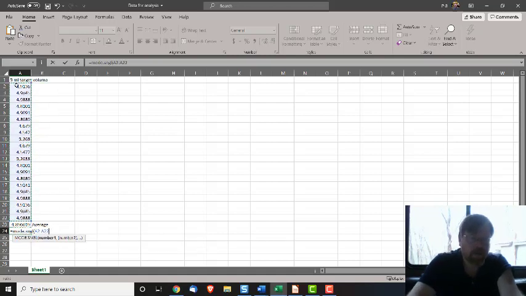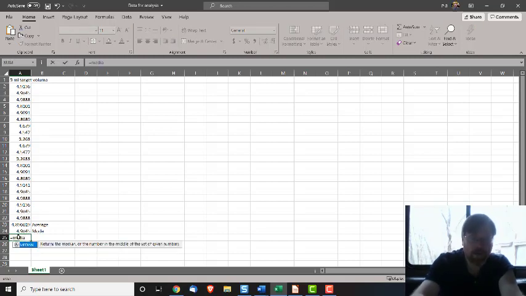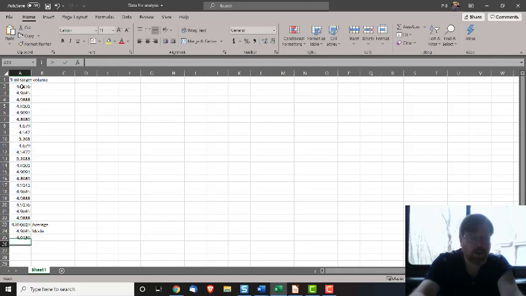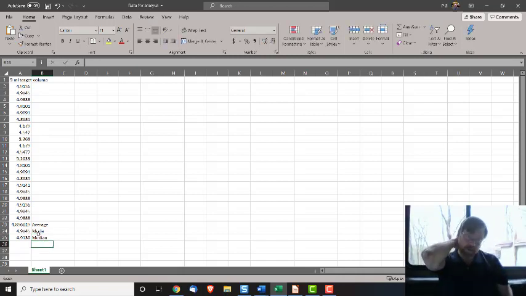There's my mode. And median, equal sign first. And there's no new one for median. So you can see we have very similar but slightly different numbers.